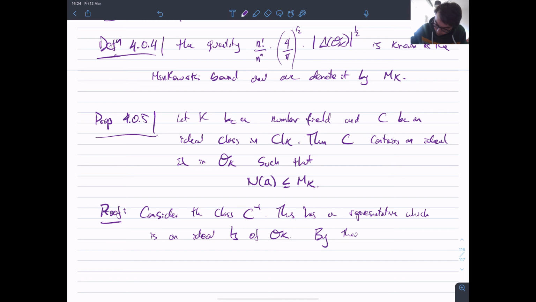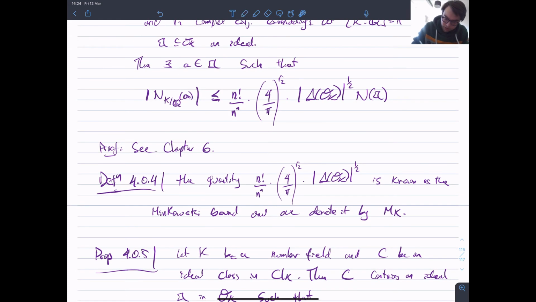By theorem 4.0.3, there exists some x in this ideal such that the absolute value of the norm of this element x is less than the Minkowski bound times the norm of B. This is what the theorem was telling me: I had an element, and the norm of the element was less than the Minkowski bound times the norm of the ideal.